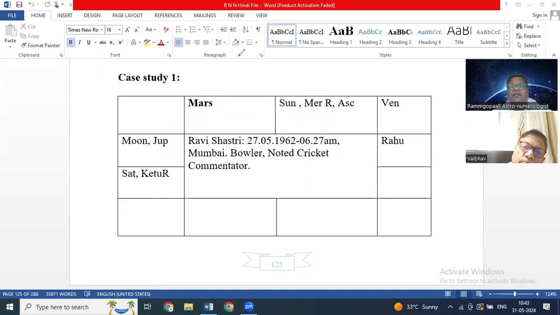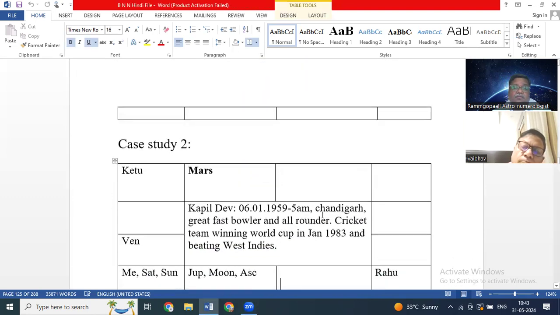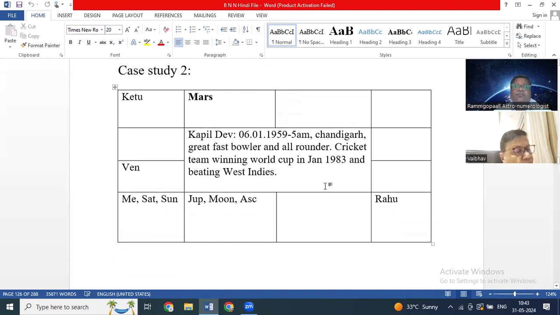One more chart I will give you. Kapil Dev, all-rounder. Saturn is here connected with Mercury, and from Saturn, Mars is here in the 5th house. Saturn and Mars both denote a sports person. Mercury is bowling, and he is a fast bowler and all-rounder.